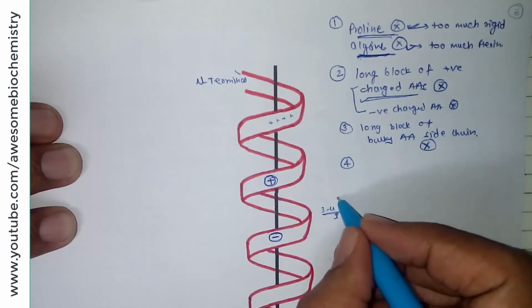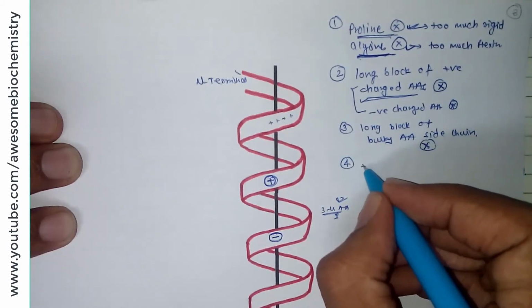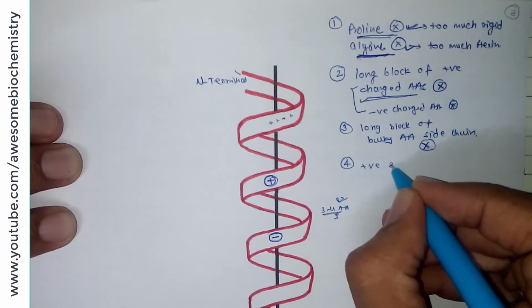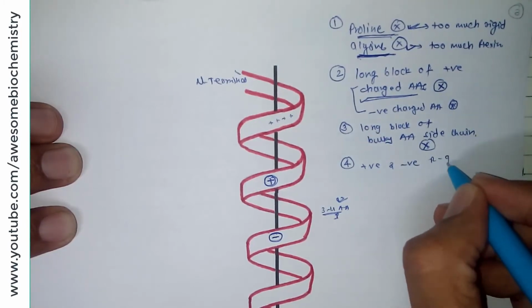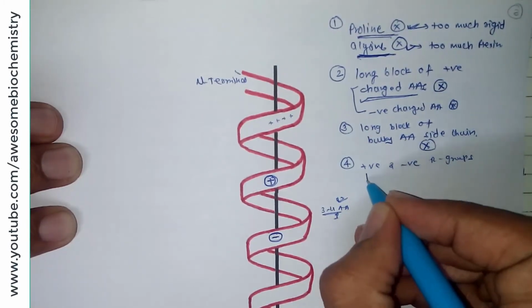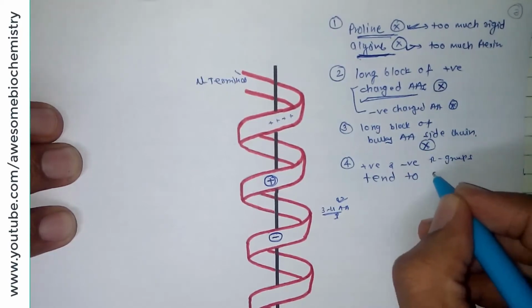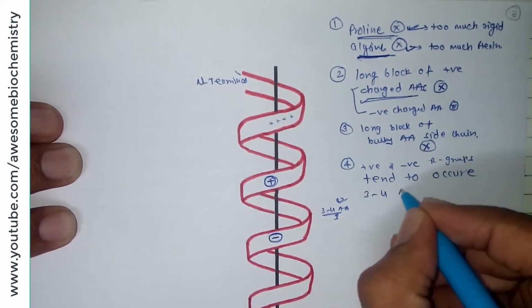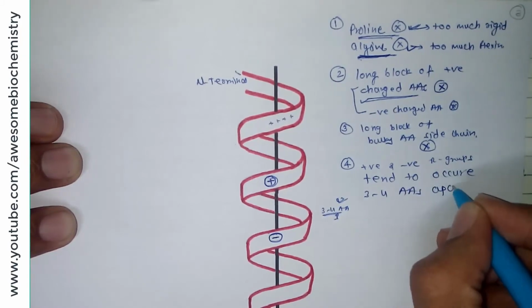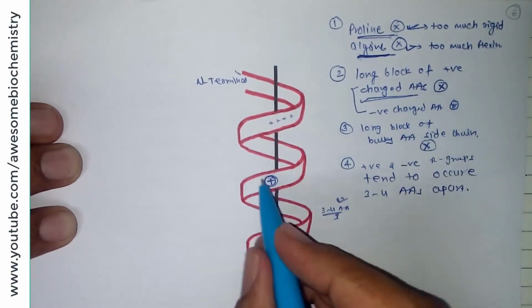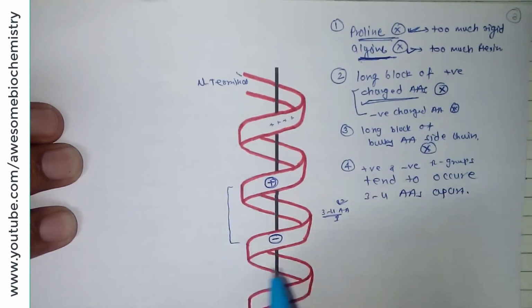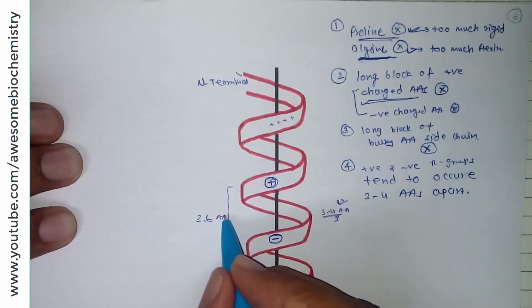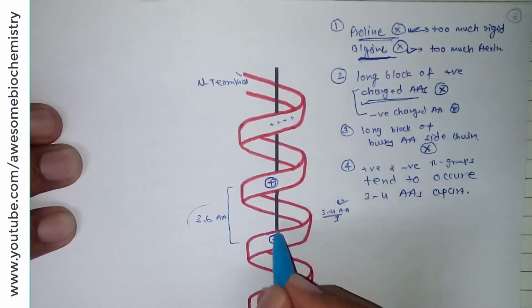So, this is a favorable condition, right. So, positive charge and negative charge R groups tend to occur 3 to 4 amino acids apart, right. As we had discussed earlier, each turn contains 3.6 amino acids. So, that much spacing is required.